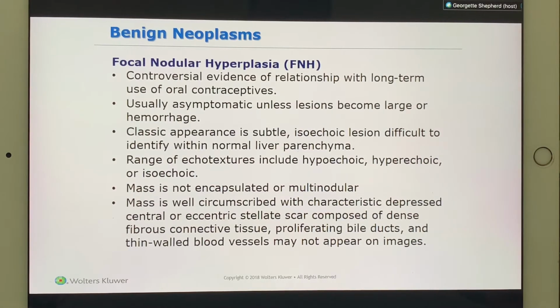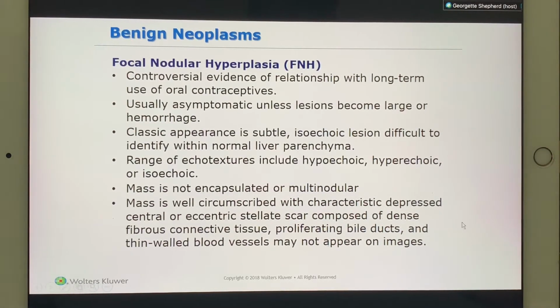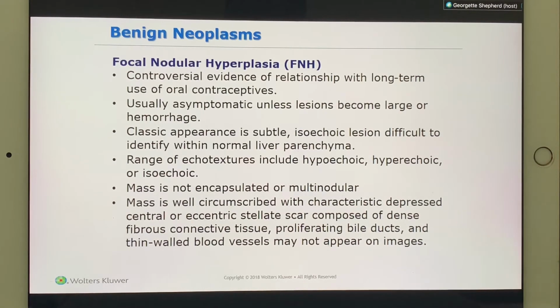It's not going to look like it has a rim around it, but it will have a scar in the middle of it because the connective tissue has turned fibrotic. It will have thin walls, and it may not appear on some images, so it's really hard for us to see.